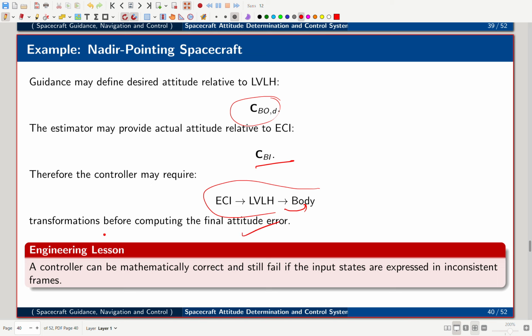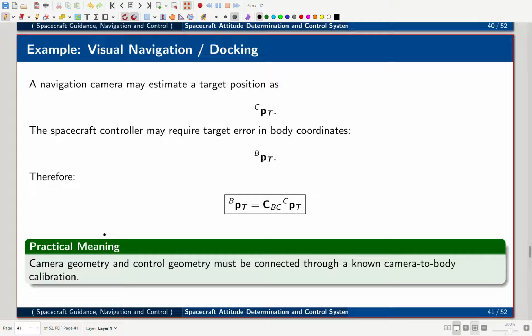So that conversion is needed, a transformation before computing the final attitude error. From an engineering perspective, a controller can be mathematically correct but still fail if the input states are expressed in inconsistent frames. So frames are very important. If you measure one quantity in one frame and design the controller for a different frame quantity, how is it going to be correct?